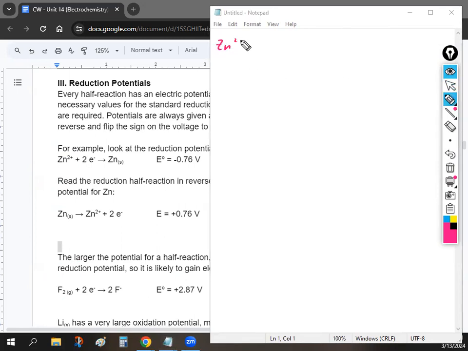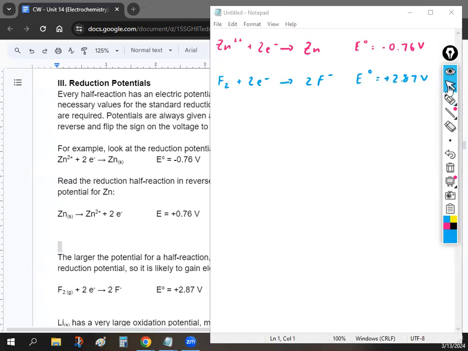We have Zn2+ plus 2e- gives Zn solid, and the electrical potential here is negative 0.76 volts. So it was that one. And then the other one is F2 plus 2e- gives 2F-, and the electrical potential is plus 2.87 volts.